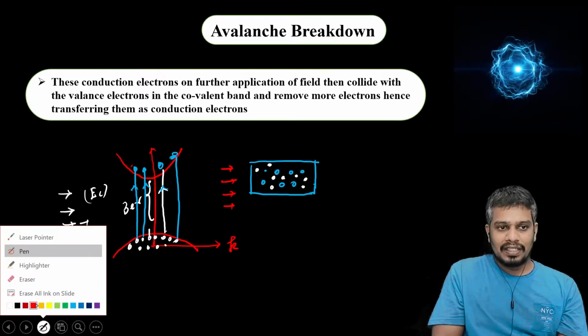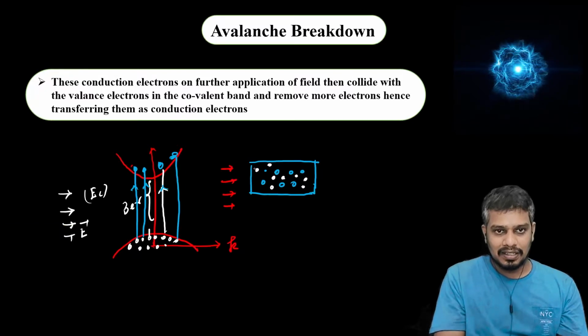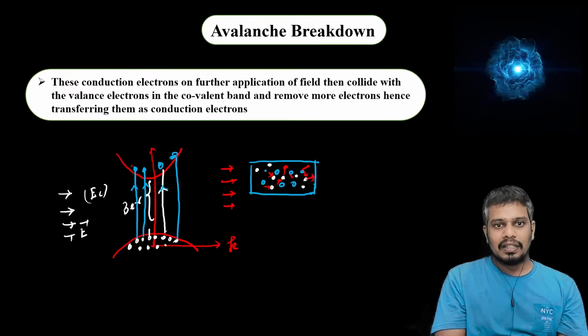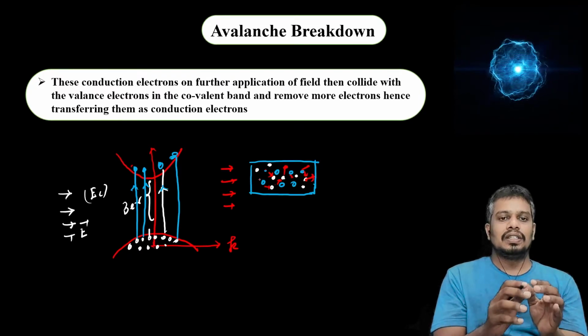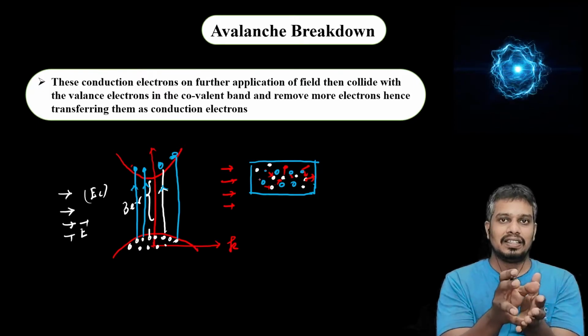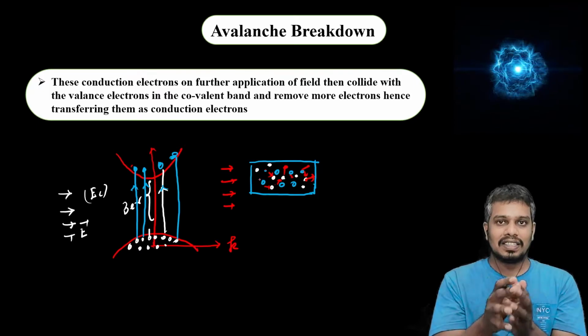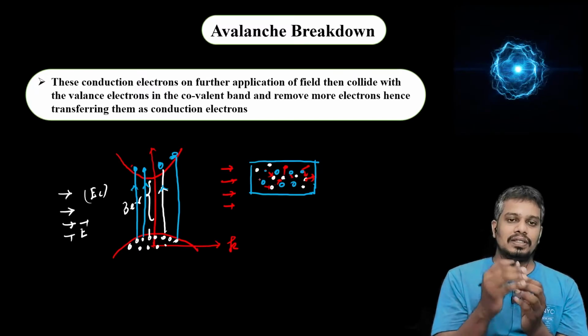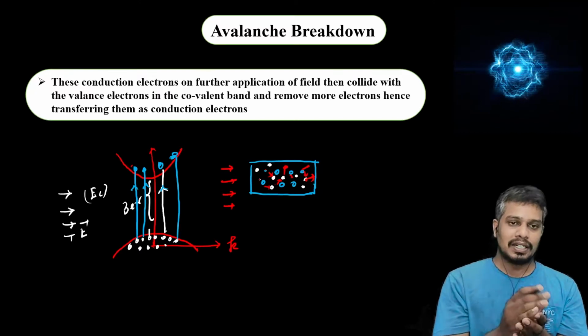It will collide with this valence electron, which will also turn into a conduction electron. Then it will induce this process continuously, so more and more valence electrons become conduction electrons.